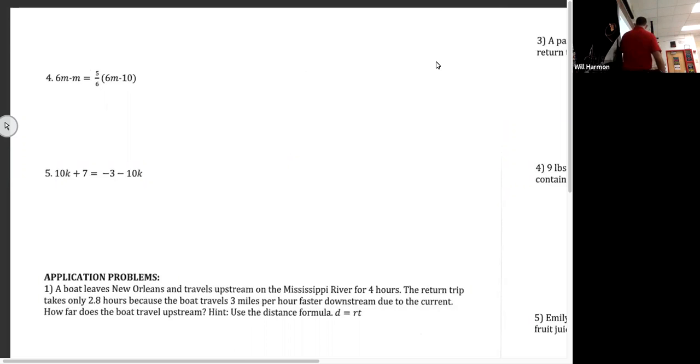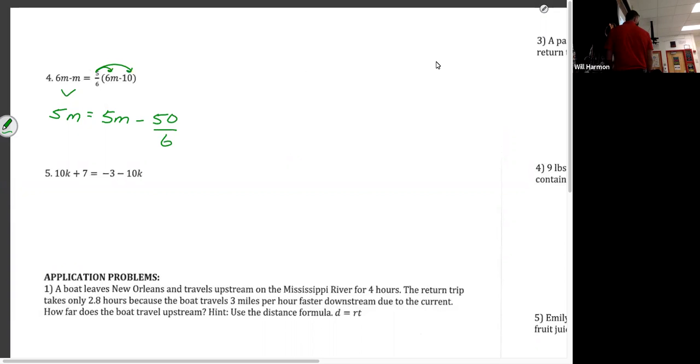All right, so let's look at number 4. This is a review of yesterday. First thing I want to do is combine my m's. 6m minus m is 5m. Now, I distribute the 5 over 6. So 5 times 6 is 30, divided by 6 is 5, so I have 5m. 5 times 10 is 50, divided by 6, well, I don't know what that is.